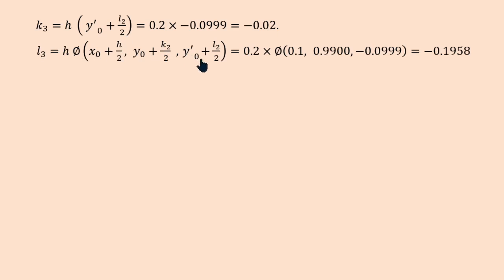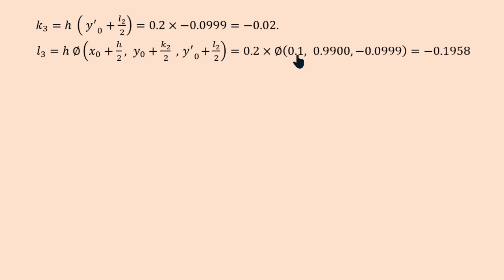After calculating the K3 value, L3 is h into phi of x naught plus h by 2, y naught plus K2 by 2, y naught dash plus L2 by 2. This is the same: minus 0.0999, this one, and y naught plus K2 by 2, that is 0.9900, and x naught plus h by 2 is 0.1. Phi of x, y dash is nothing but x y dash square minus y square.